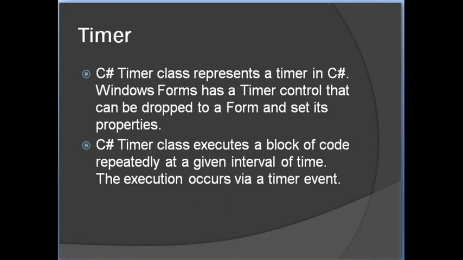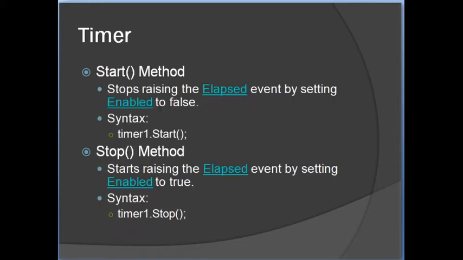Next is the timer, which is also important in animating an object. The Timer class in C Sharp represents a timer in a Windows Form. It has a timer control that can be dropped onto a form and have its properties set. The C Sharp Timer class executes a block of code repeatedly at a given interval of time, and the execution occurs via a timer event.